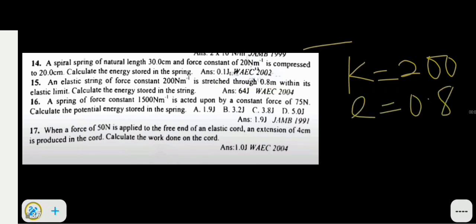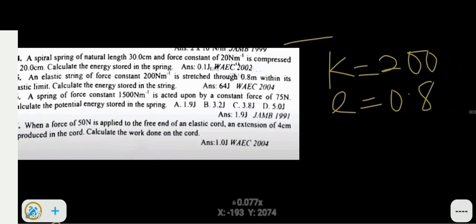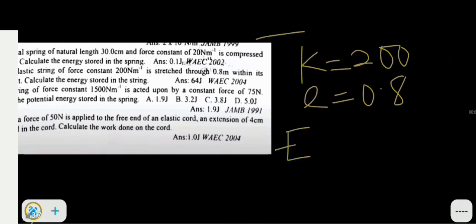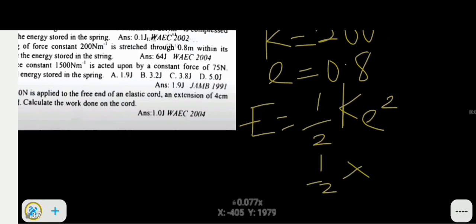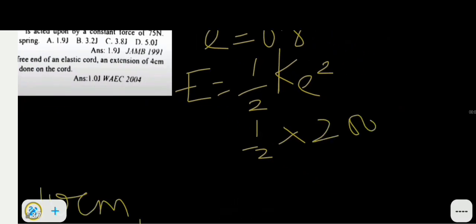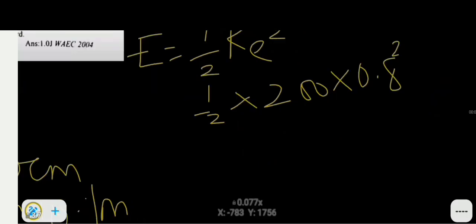But what is the formula for the energy stored in a string? That is capital E, or W, is equal to half K E squared. So you already know what's K, right? So that will be half times 200 times 0.8 squared. 2 here 1, 2 in 200, that's 100.